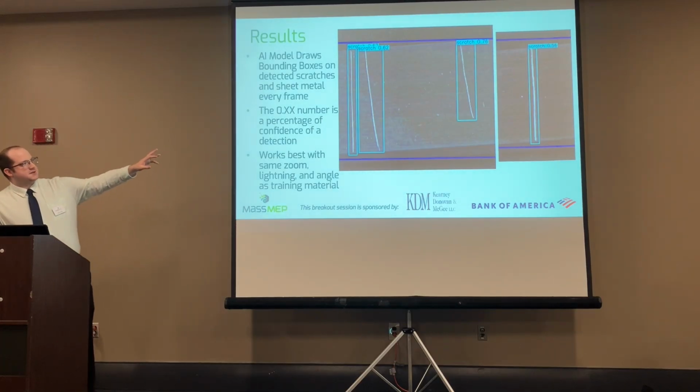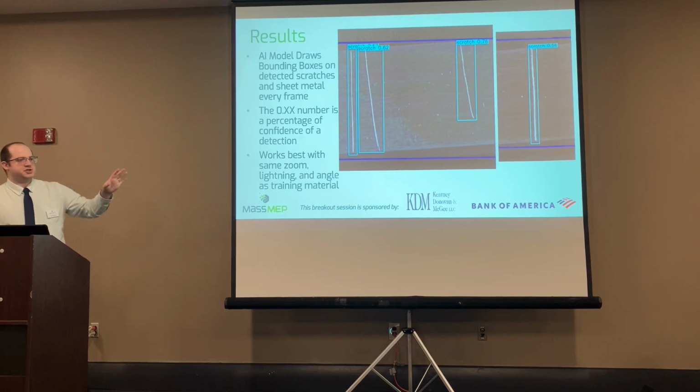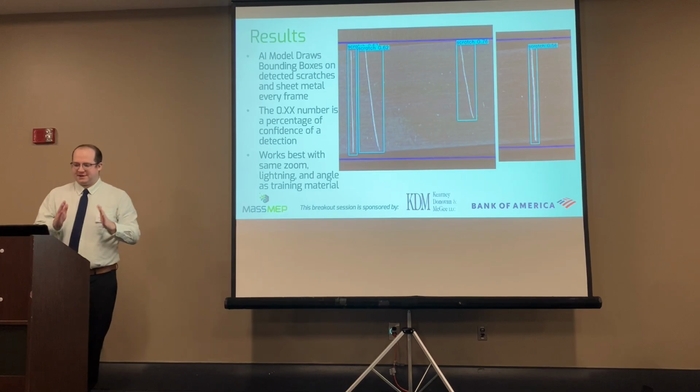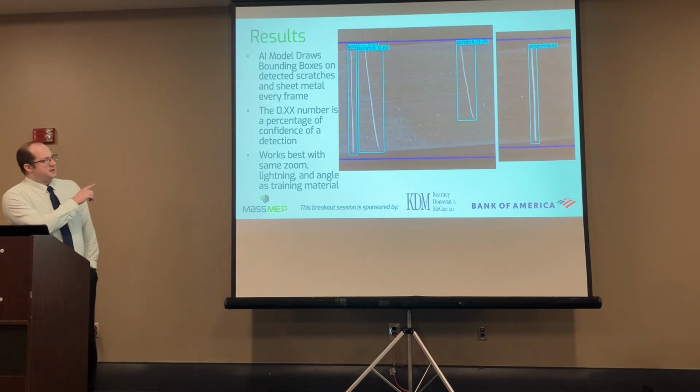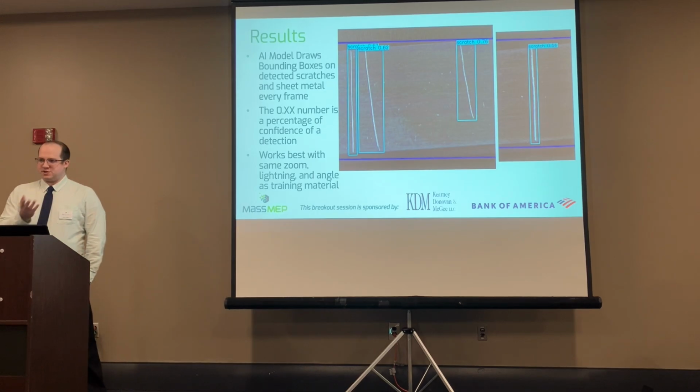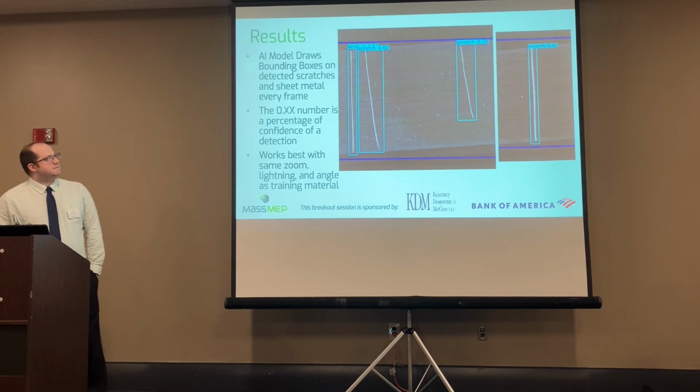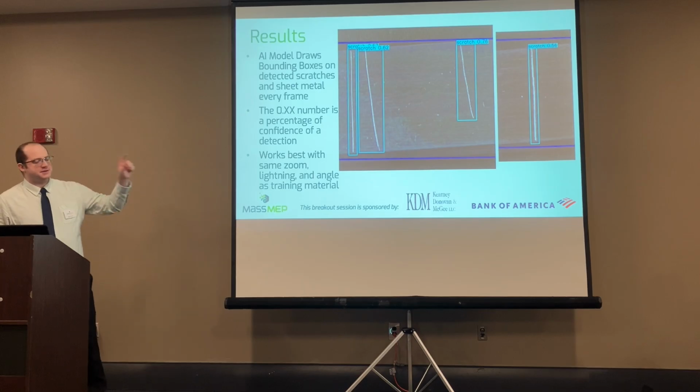So this is a real result. This is live. It's kind of annoying to screenshot because it's running every single frame and the boxes like to shift around all day. The model, which is essentially just a machine learning model, draws bounding boxes onto our piece of sheet metal here. You can see it's really zoomed in.